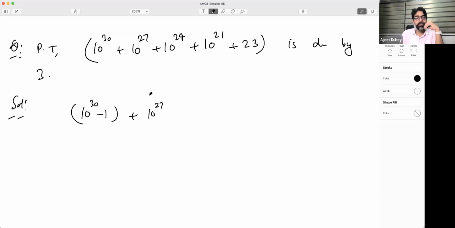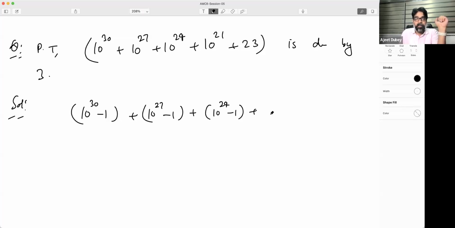There is no issue. I'm telling this way because maybe the powers will be given in a different way, like a prime number such as 37. Taking common also doesn't make much difference. The x power n minus y power n formula is the best way to solve divisibility problems.